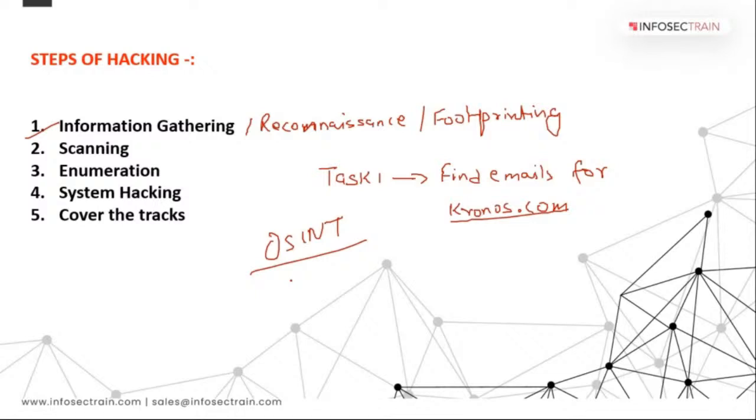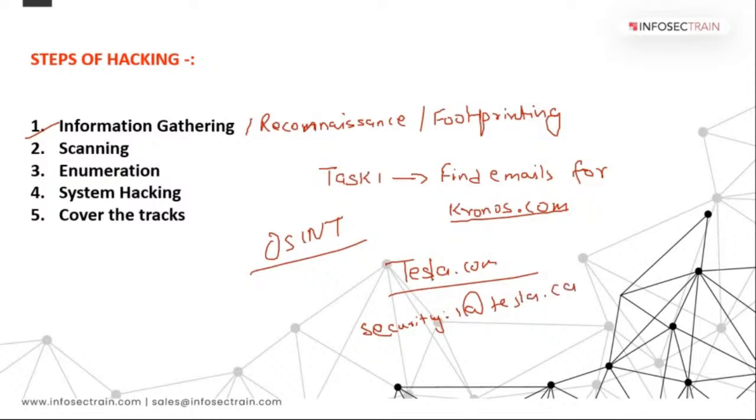Now you have to find subdomains, right? Let's say we have a company with the name Tesla.com. So we have to find the subdomains for it. Like security dot one at the rate tesla.com.